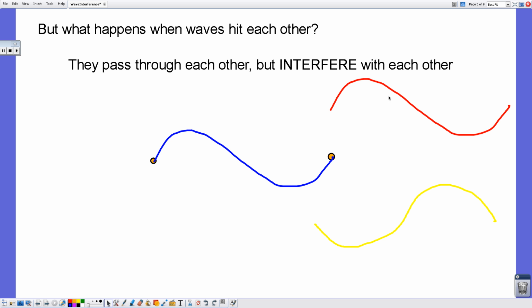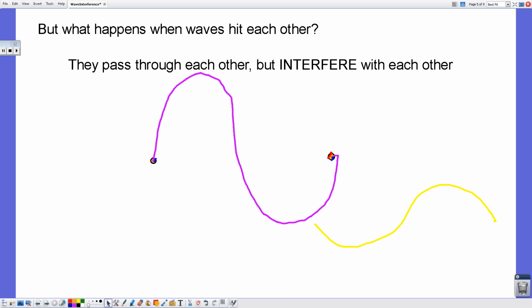But while they are in the exact same space, so for instance, if I got my blue wave and my red wave, they're in the exact same spot, something funky happens. They add together to make a new wave. So what's really going on is red wave and blue wave on top of each other.